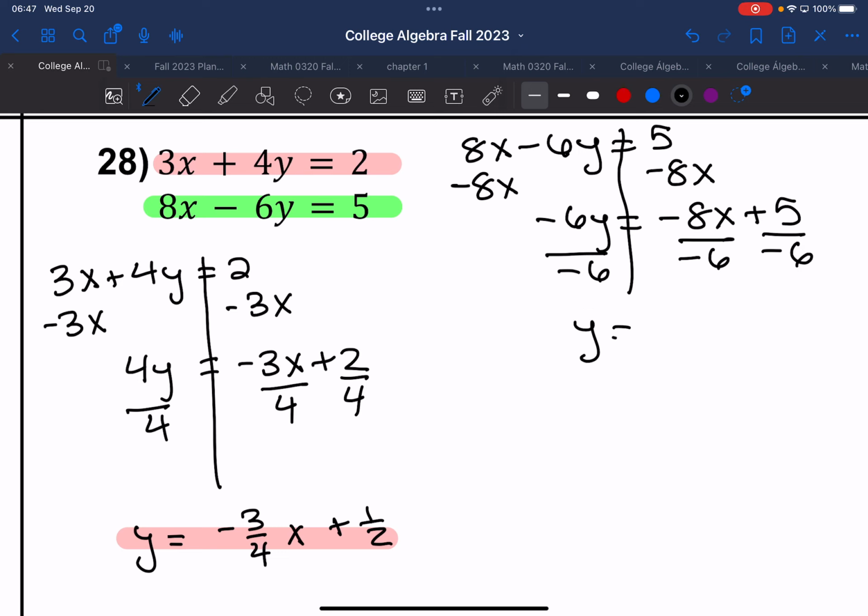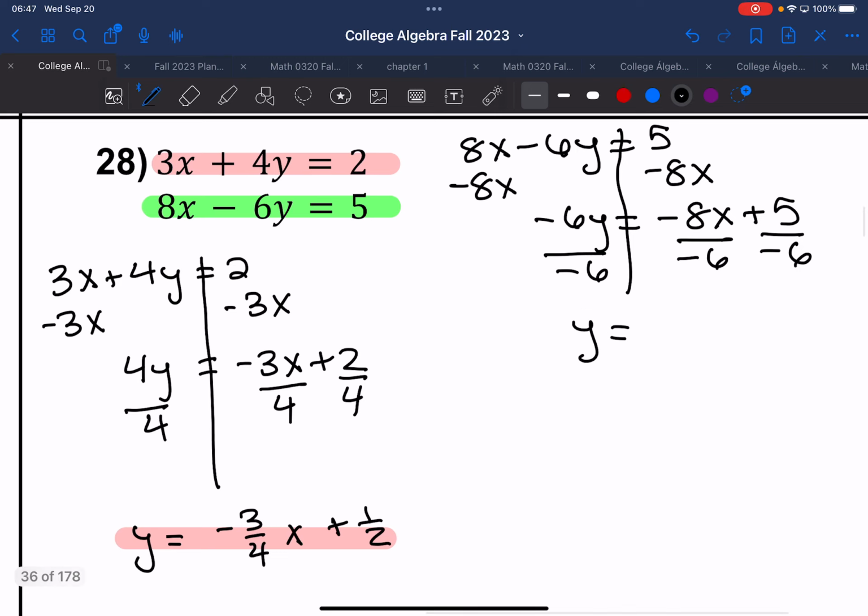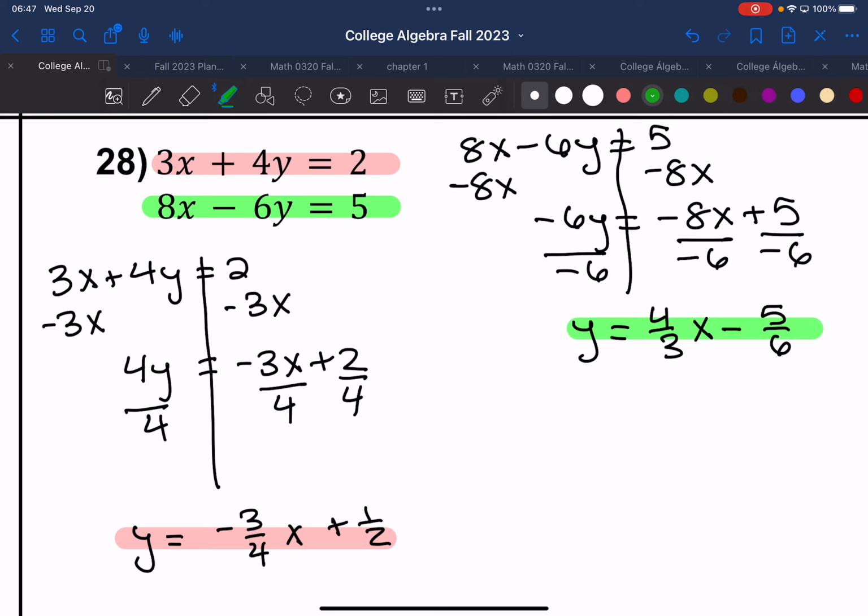So I have y is equal to negative 8 over negative 6, which means the negatives cancel to a positive. But can we reduce 8 over 6? Yes. To what number? 4/3. Good, 4/3. Minus that 5 over 6 because we can't simplify 5 over negative 6 any further. Okay, so that is the second equation.